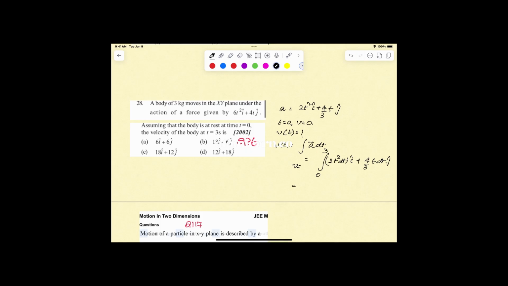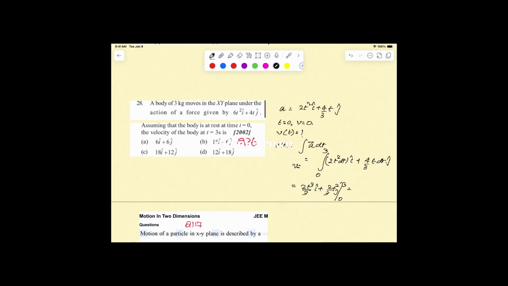Therefore, this comes to 2t cube by 3 i cap plus 4 by 3 t squared by 2, that is 2 by 3 t squared, this is j cap. This is from 0 to 3. You must put it in.